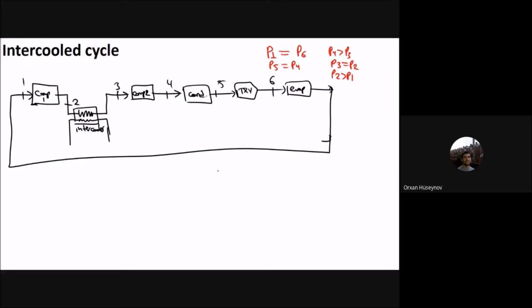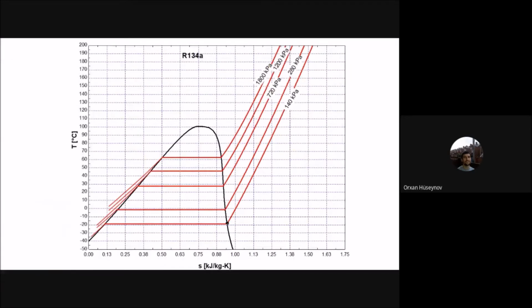What I will tell is that P1 is 140 kilopascal. P2 is similarly 280 kilopascal, and P3 is 720 kilopascal. Let's just do it. Let's go from 1 to 280 here.